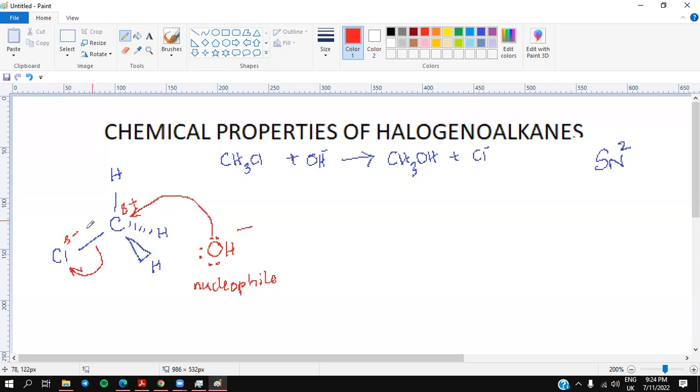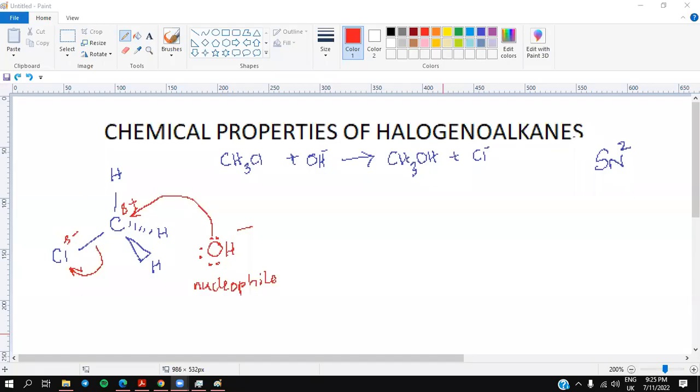I can draw this arrow up here also, but because there's a delta negative charge, I decided to have this OH coming in to make a bond with the carbon, and this chlorine going away from this molecule, happen at the same time. This OH is going to make a bond with carbon, this chlorine is going to go away.